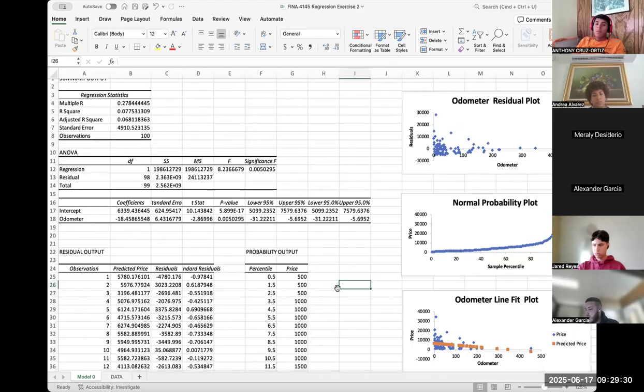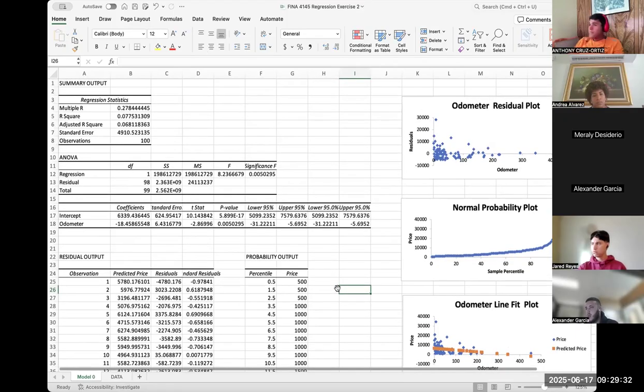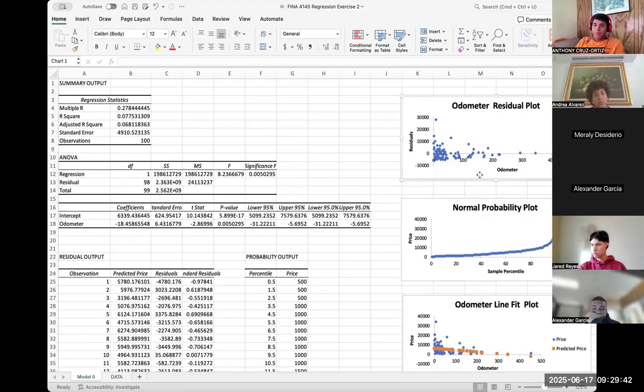So if we were just to plot price and odometer, we saw that there was a curved relationship. It wasn't a line. And when we look here, the first plot, this is the odometer reading by the residuals.